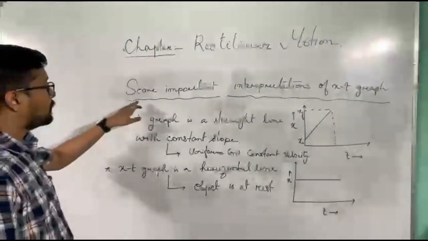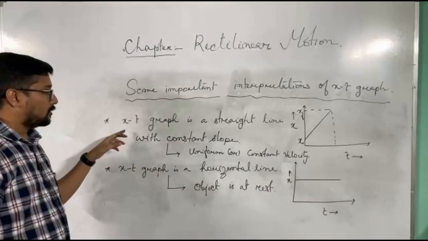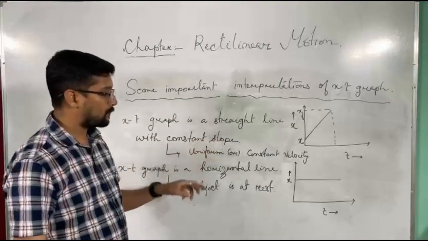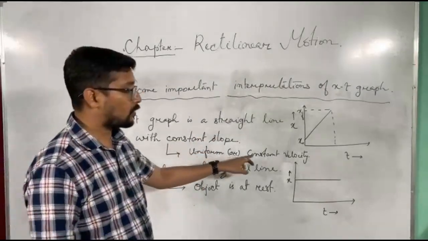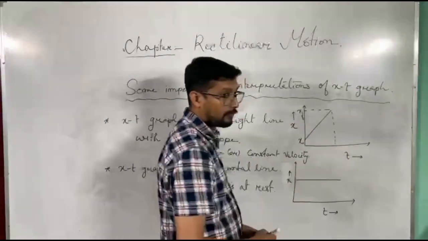Let us now see some important interpretations of the xt graph. When the xt graph is a straight line with constant slope, it represents uniform or constant velocity motion. Now let us see this graph.